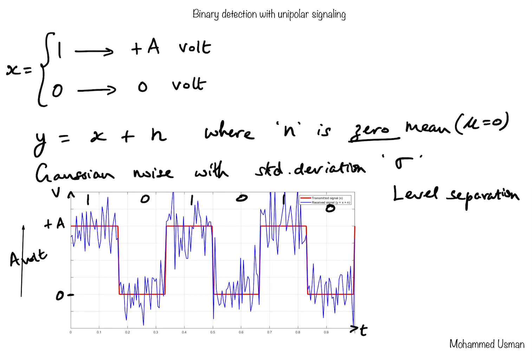So the level separation between 0 and 1 is A volt. Okay, we will be keeping this level separation to be A for all our examples. Later on, when we use polar signaling as well, because we want to compare unipolar with polar signaling, we will keep the level separation in that case as well as A. Okay.